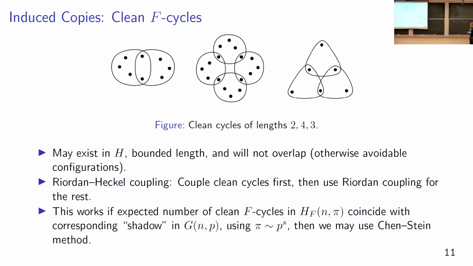This works if the expected number of clean F cycles that you have in H_F coincide with the expected number of the corresponding shadow graphs, which you get if you replace all of these hyperedges by the corresponding copies of F. And of course, these expected numbers need to coincide using, once again, the fact that pi is asymptotically equivalent to P to the S.